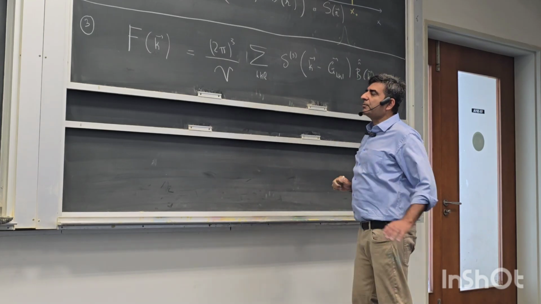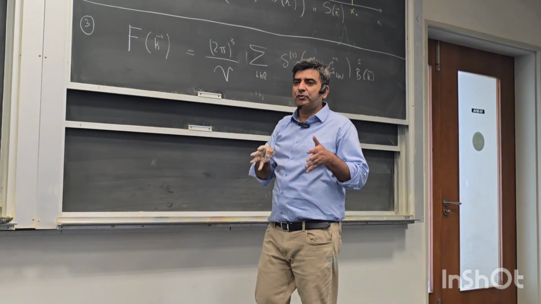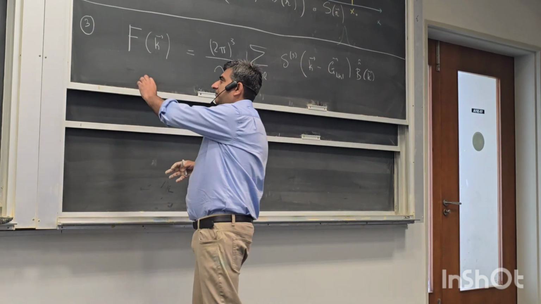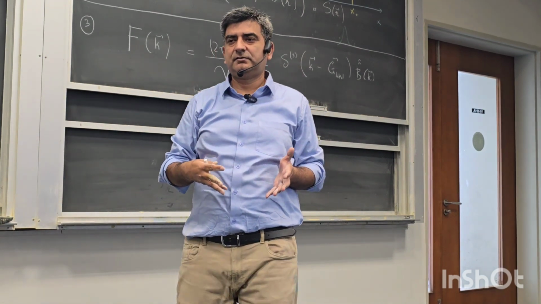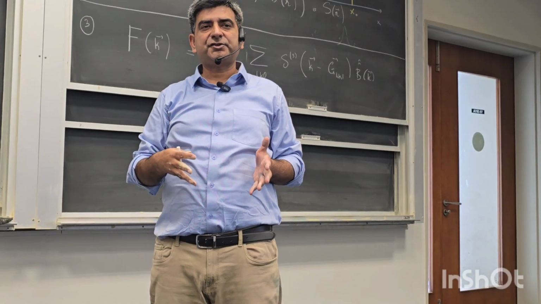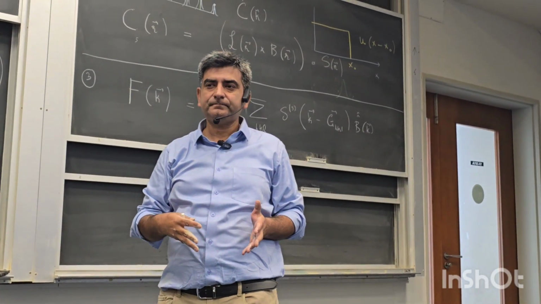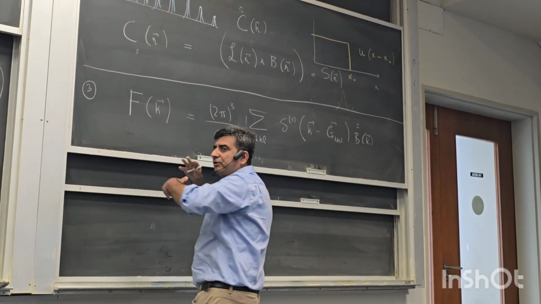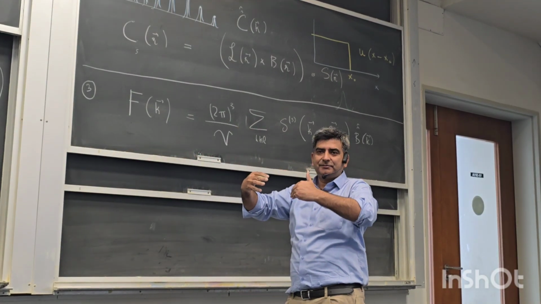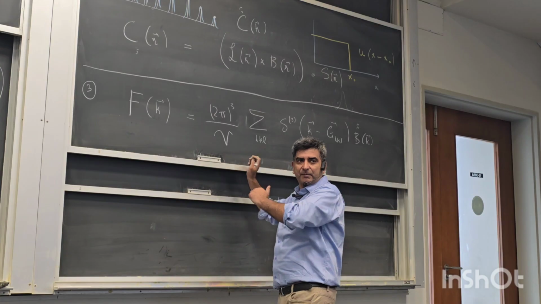Okay, so for a particular HKL, let's now look at this function F. This function F is called the structure factor. Let's compute this for a particular value of HKL, which means I suppress this sum.